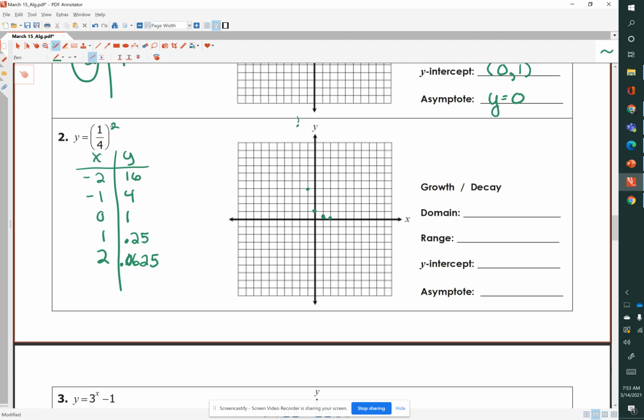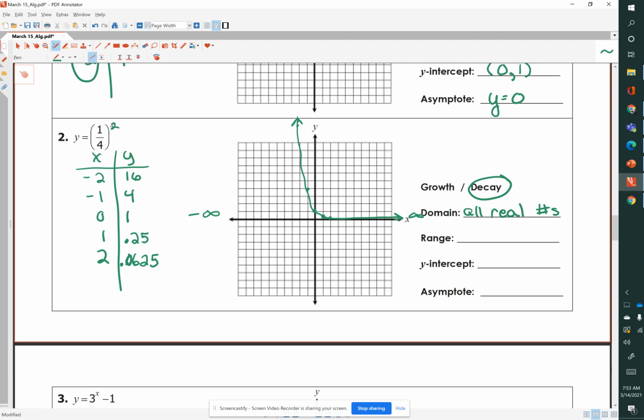So as we try to connect these, the first thing we see immediately is that this is a decay function, because the function is decreasing. The domain is still, in this case, all real numbers, because this graph goes to infinity and to negative infinity, so the function will cover the entirety of the x-axis.